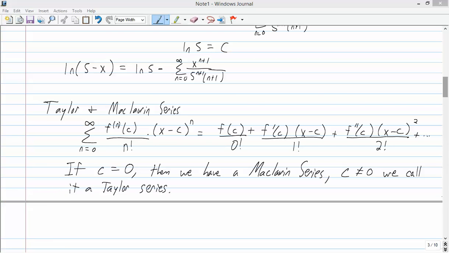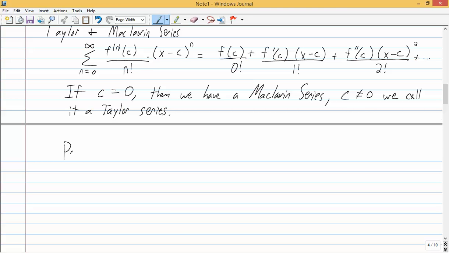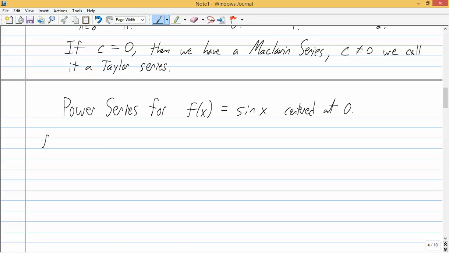Find a power series for f of x equals sine of x centered at 0. So we're going to need to first write down our function and several derivatives.